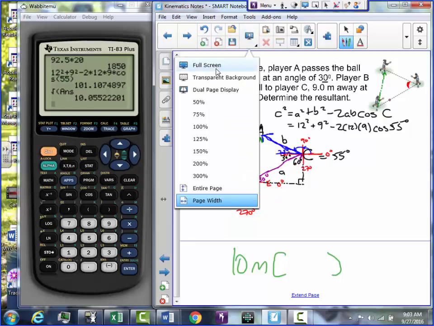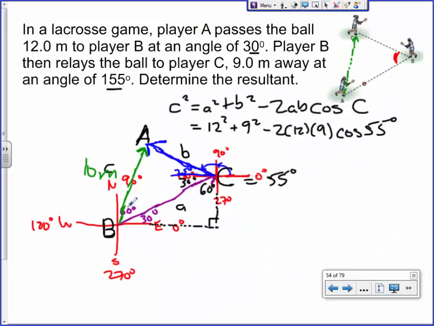Let's walk through what we would do if we found angle B. Angle B would be from here to here. But then there'd be a little bit more that would be 30 degrees right here. So let's say we found angle B, and let's just pretend that angle B was 42 degrees.